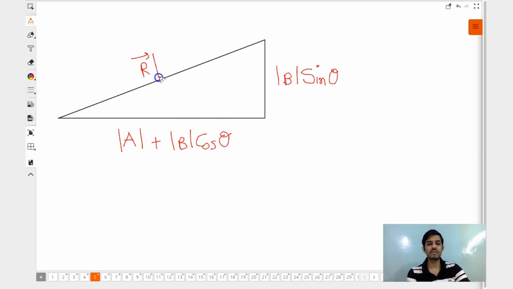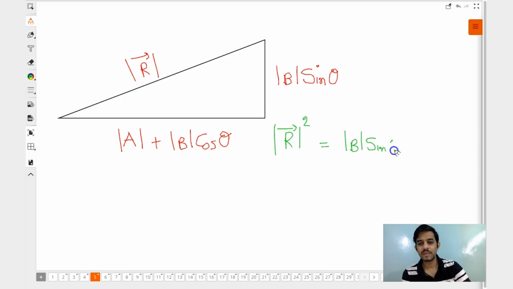Now I am sure every one of you know the Pythagoras theorem, कुछ सुना हुआ सा है. What is it? Hypotenuse square equals to perpendicular square plus base square. Clear guys?